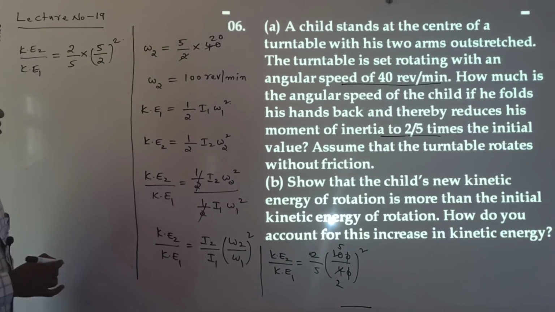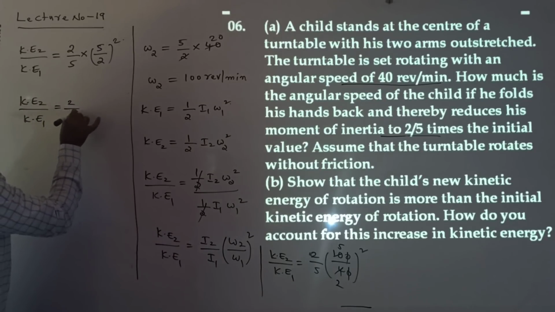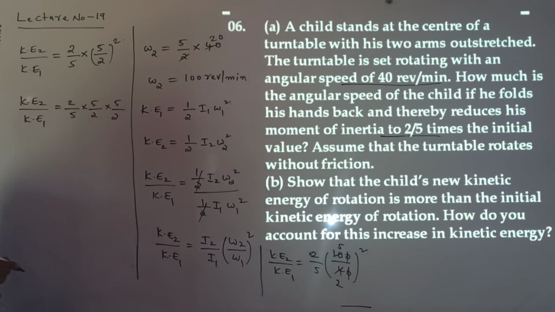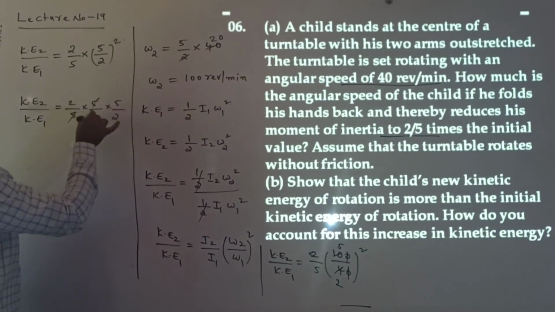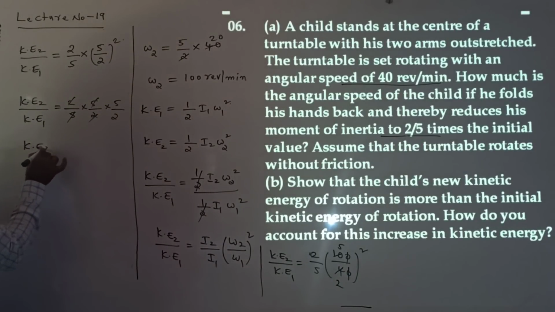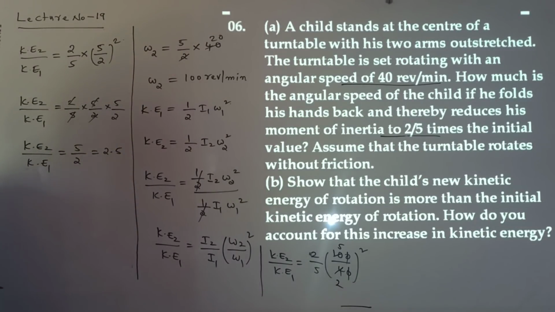Now kinetic energy 2 by kinetic energy 1 is equal to 2 by 5 into 5 by 2 into 5 by 2. The 5 gets cancelled, the 2 gets cancelled. Now kinetic energy 2 by kinetic energy 1 is equal to 5 by 2, which is equal to 2.5.